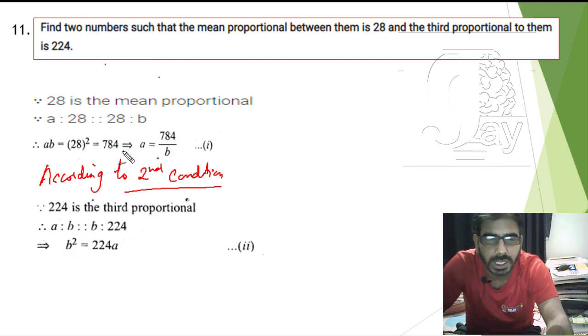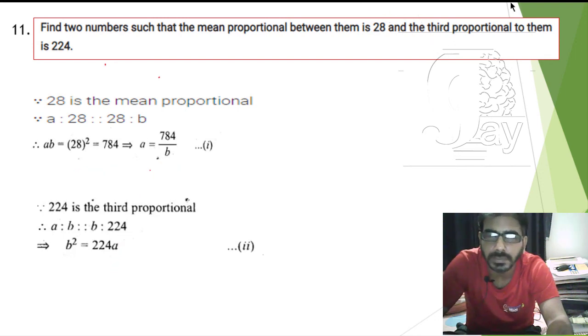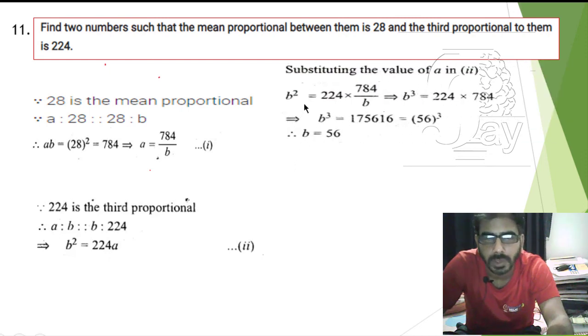Now the reason we wrote a equals to 784 by b is that we are going to put 784 by b in place of a. Okay, so once we do that, we get b cube equals to 224 into 784, and ultimately on calculating we get b equals to 56.